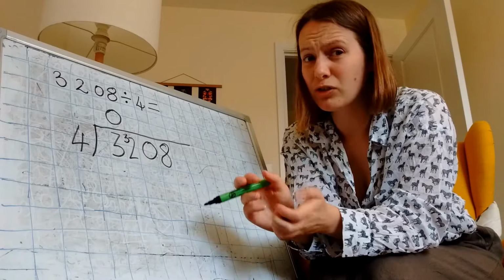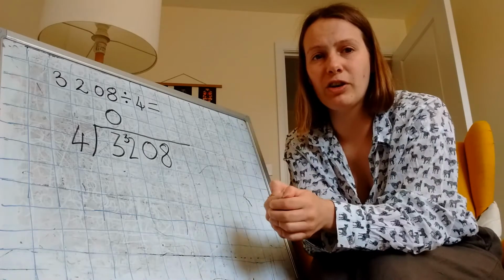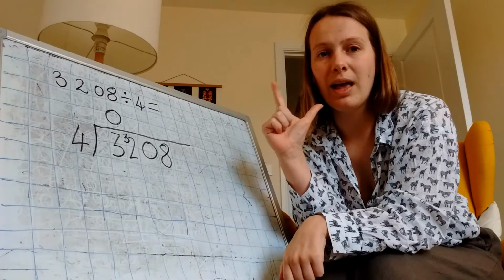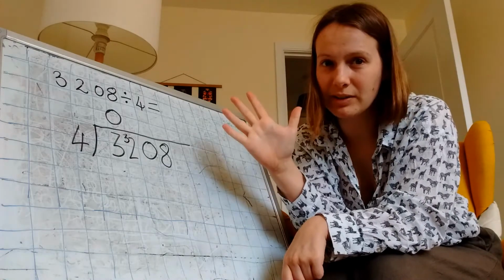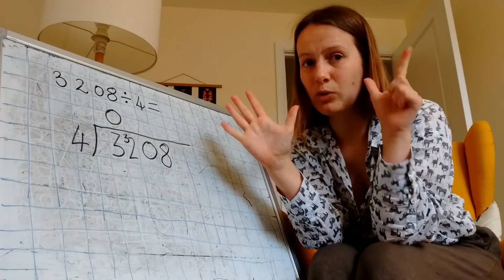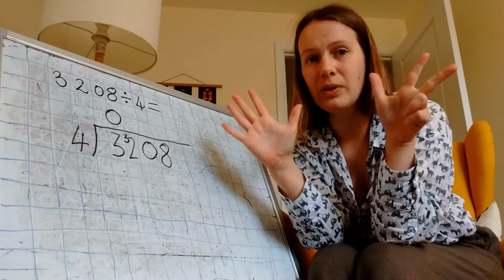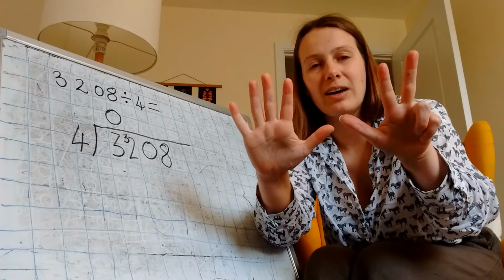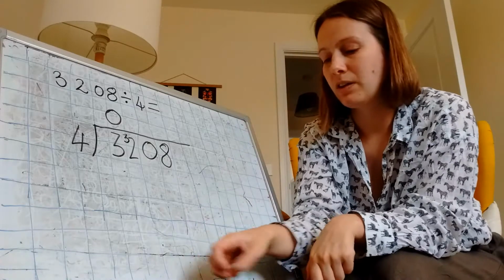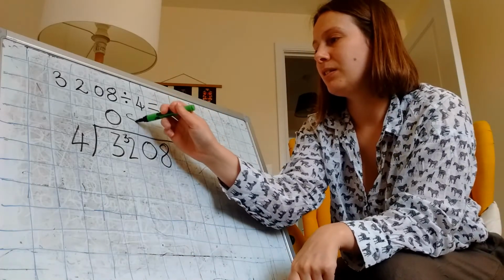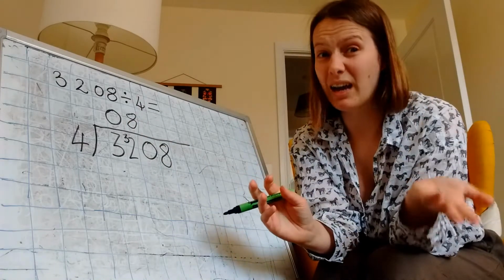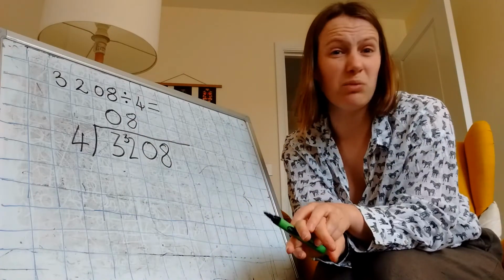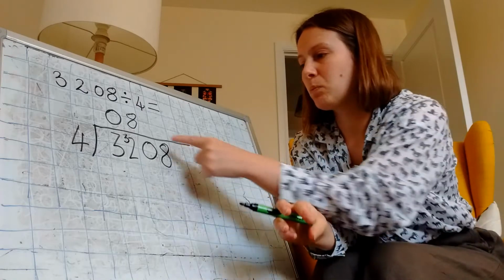How many times does 4 go into 32? 4, 8, 12, 16, 20, 24, 28, 32. So it goes in 8 times exactly. So I take that 8 and write it up there. And I don't need to worry about how many are left over, because we've not got any, it goes in exactly.